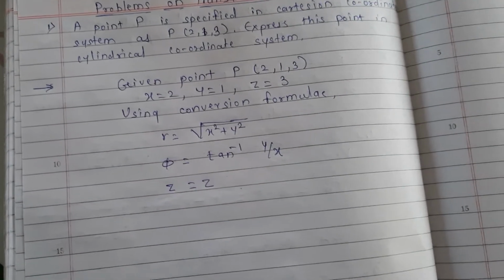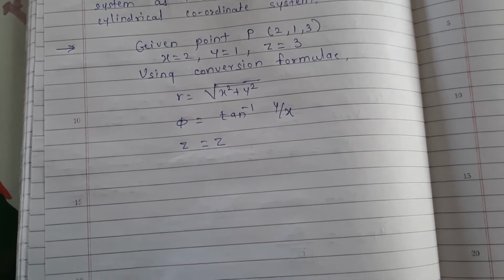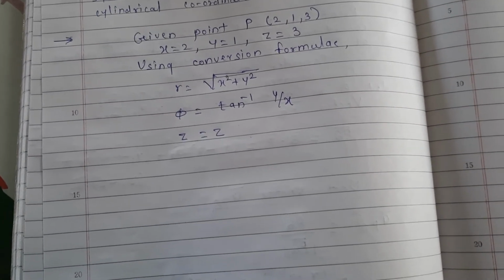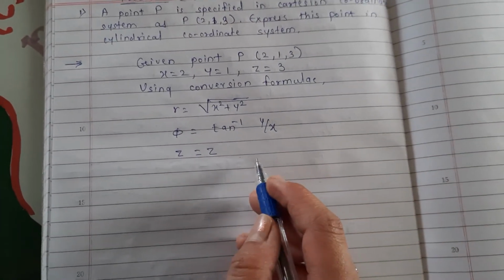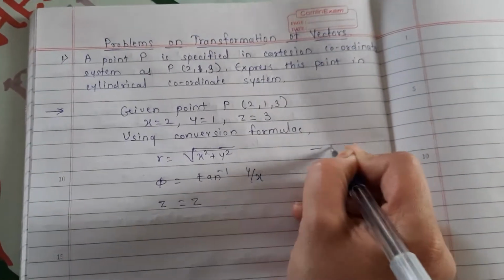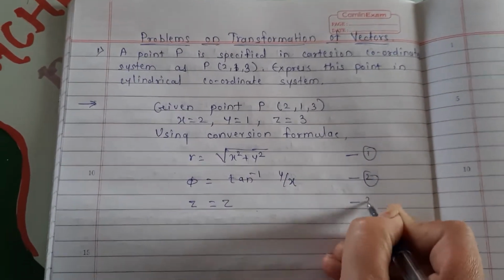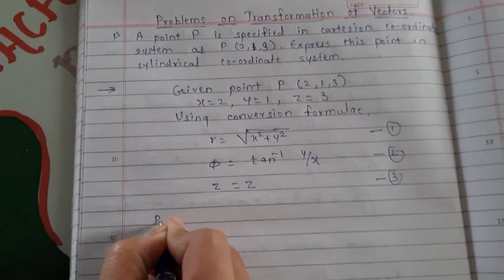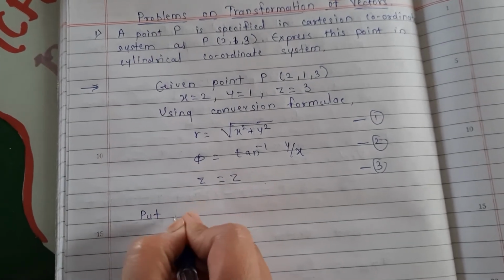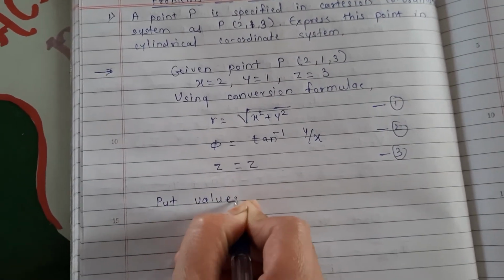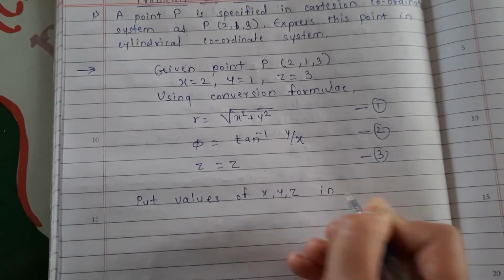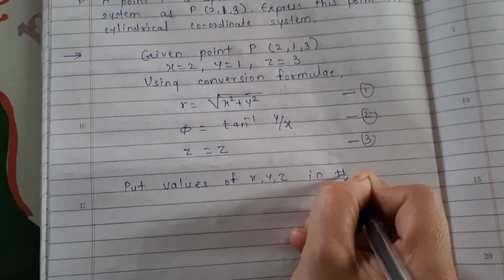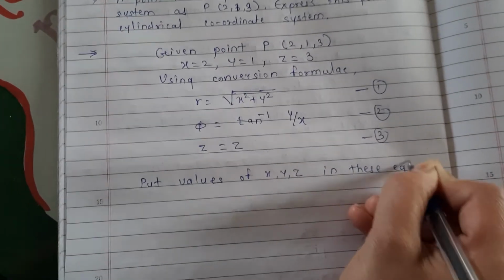That is r is equal to square root of x square plus y square, phi is tan inverse of y by x, and z is equal to z. These are equations 1, 2 and 3. Now put these values of x, y, z in the above equations.